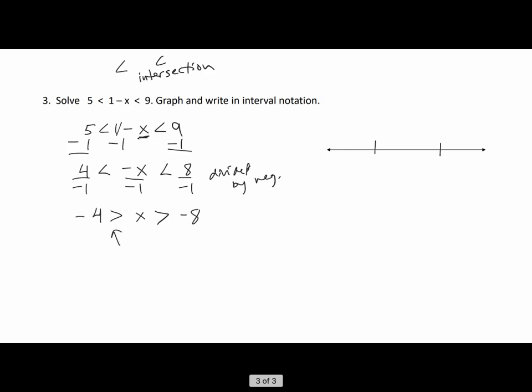So what we can do is break it up into 2 separate statements and say "and," right? So we can say negative 4 is greater than x and x is greater than negative 8. And so that means x is less than negative 4 and x is greater than negative 8.